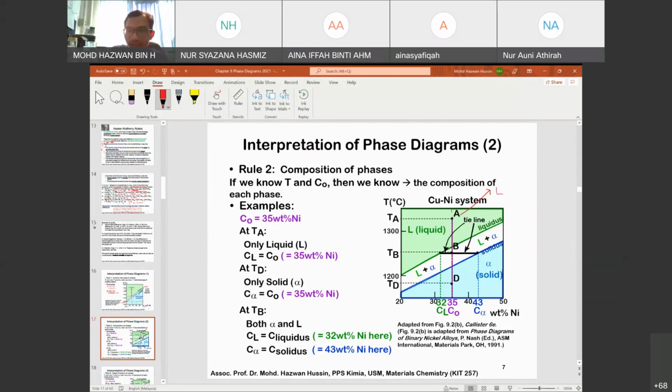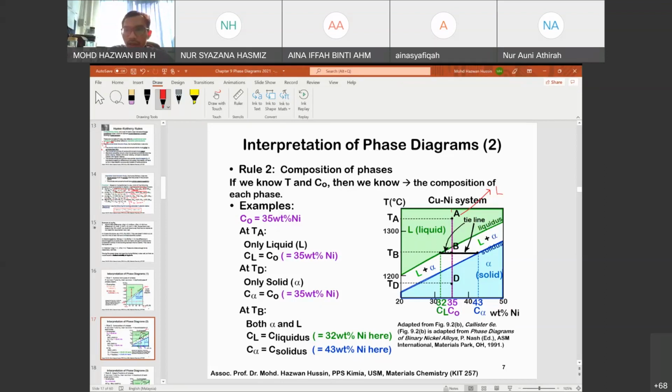quite clear, liquid. And in this rule, it says that if we know the temperature and also the initial composition, where C0 is the initial composition, then we can know the composition of each phase. Over here, it mentioned that at temperature TA, the phase is liquid, and you will see only liquid, only one phase, present.